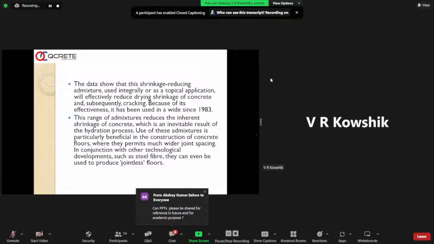So the data show that the shrinkage reducing admixture used integrally or as a topical application will effectively reduce drying shrinkage of concrete and subsequently cracking. Because of its effectiveness, it has been used worldwide since 1983.